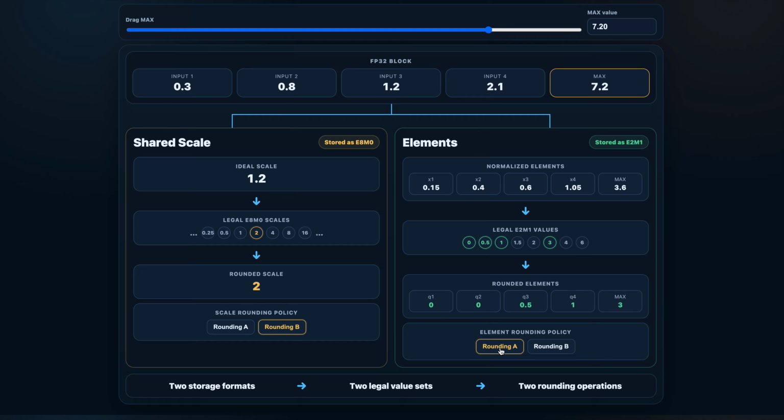So now let's say in rounding A, 0.15, if you want to map it, it cannot be mapped. We don't have a legal bucket for 0.15. So you have to pick either 0 or 0.5. In the rounding A scheme, you pick 0. In the rounding B scheme, it picks 0.5.